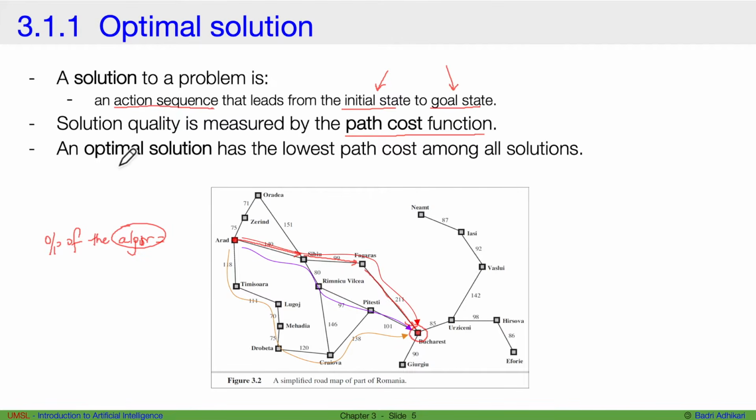Instead, what we are looking for is an optimal solution. That is a solution that has the lowest path cost. Because it is a search problem, we know that there are solutions. We are searching for a path that has the lowest cost. So we are looking for the optimal solution among all solutions that may be possible.